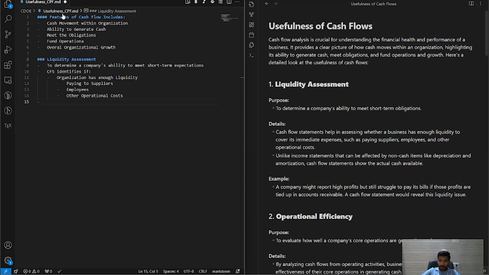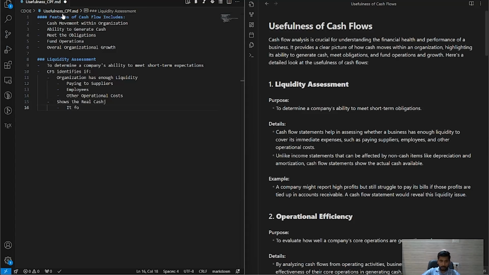Then, unlike income statements that can be affected by non-cash items like depreciation and amortization, cash flow statements show the actual cash flow. It shows the real cash. Why?